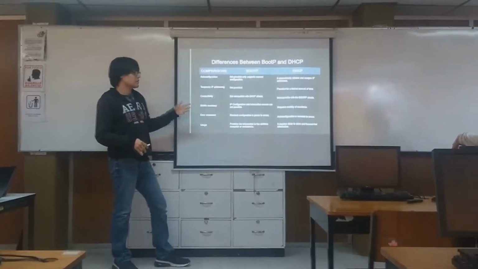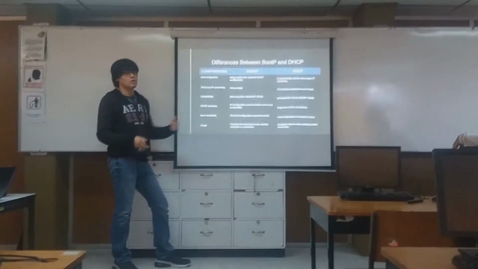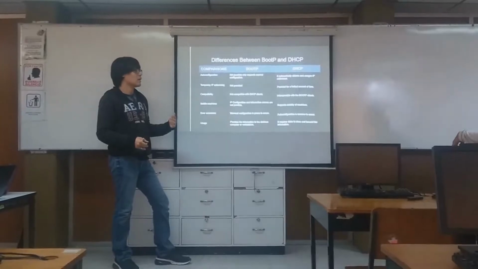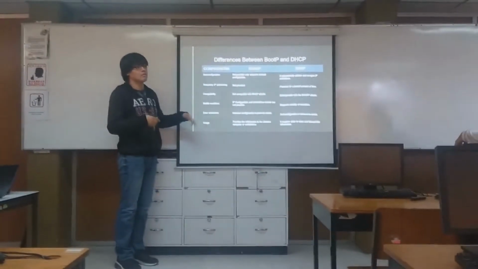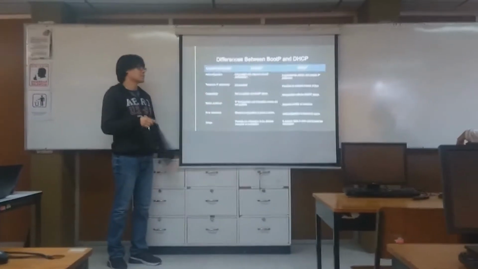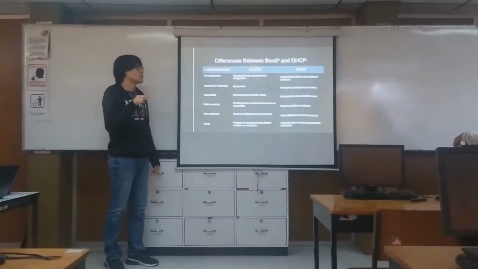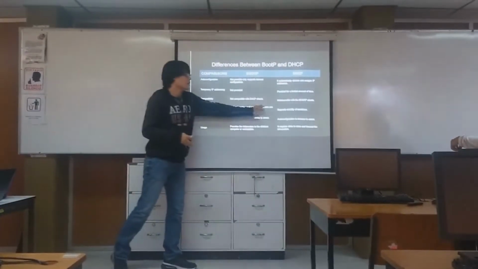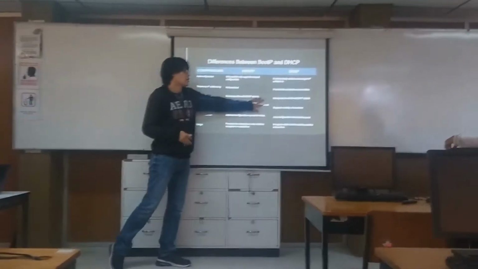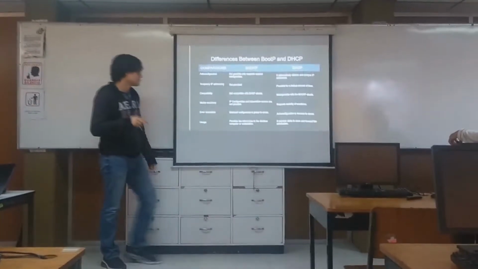And DHCP, the thing that it has is that if your device doesn't have much compatibility with DHCP or doesn't have the configuration for DHCP, it's no problem because it has the configuration boot P that will still function because it has compatibility with the devices that are clients of the boot P.